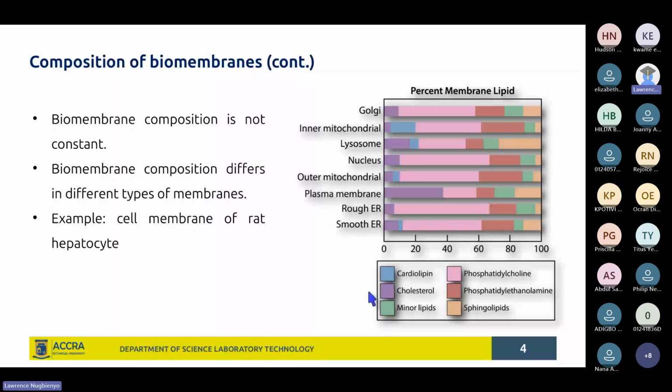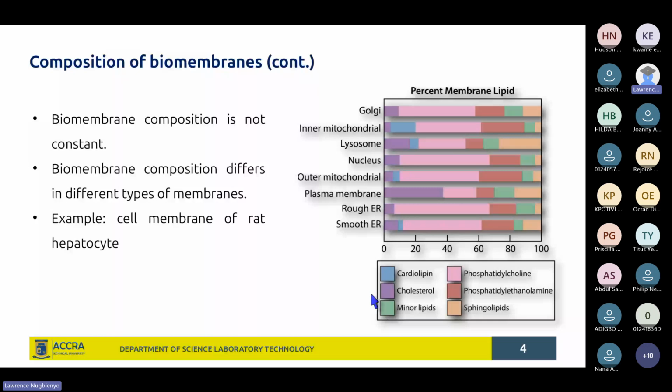Now, with that composition of biomembranes, you want to understand that the composition of biomembranes is not a constant thing, that if you take every cell, the amount of lipids, or whichever component, proteins, that you have in these membranes is not going to be the same.